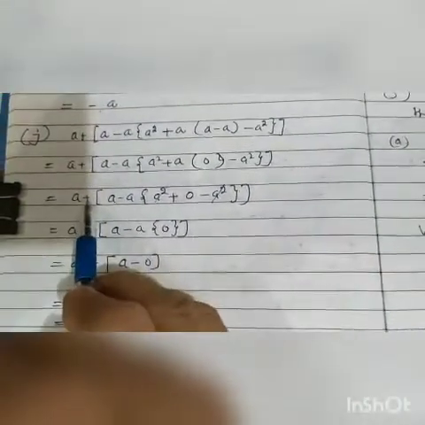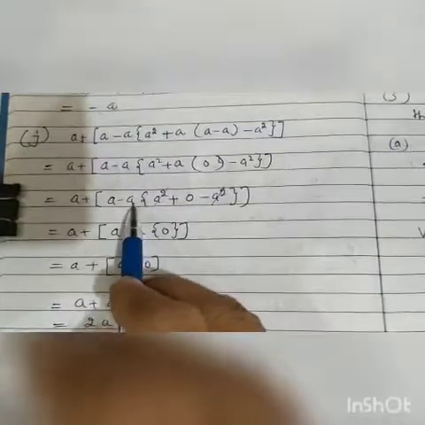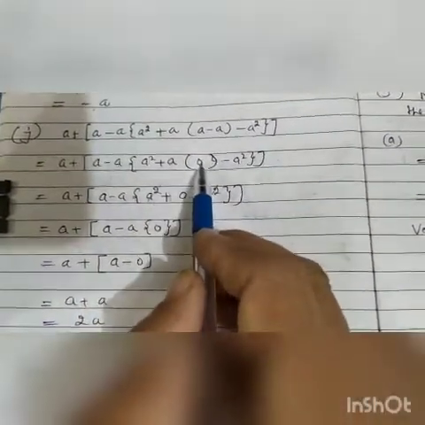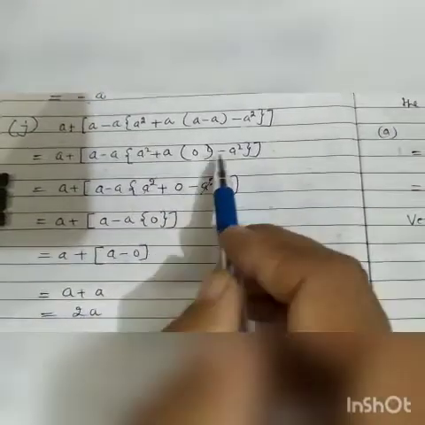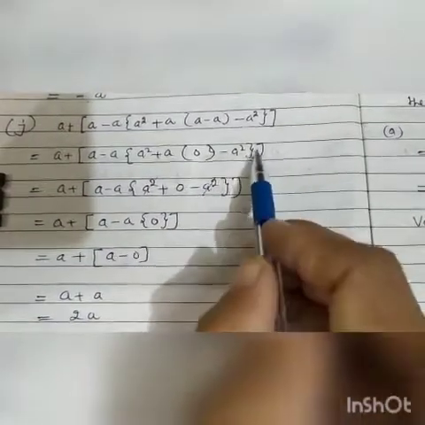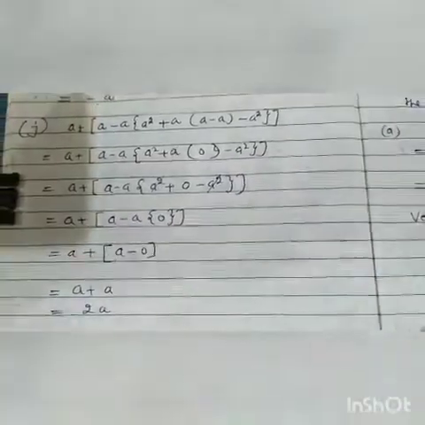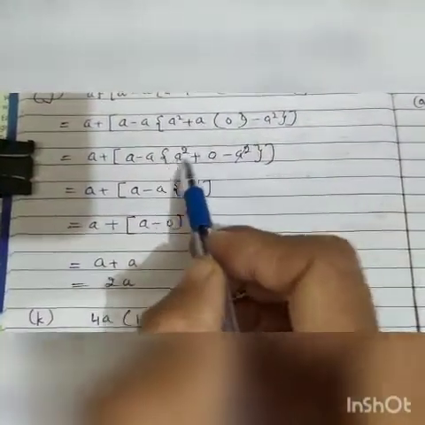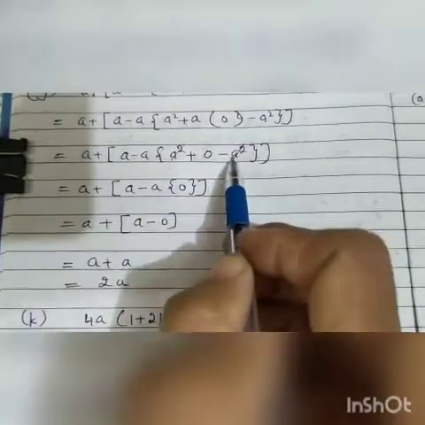A plus a minus a, then this a square plus a multiplied by this 0, a times 0 is 0, minus a square, then this curly bracket and square bracket closed. Here you see this plus a square and this minus a square can be cancelled.